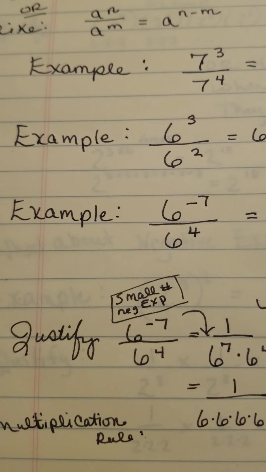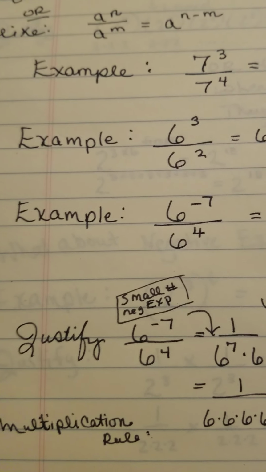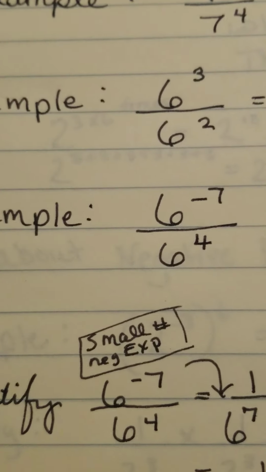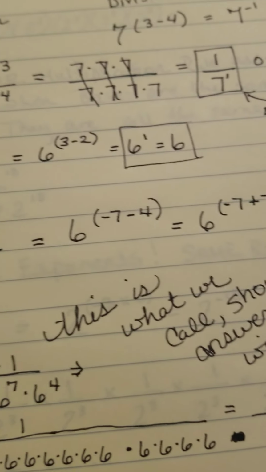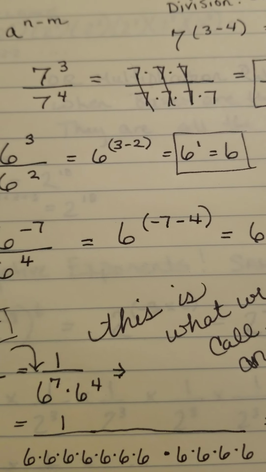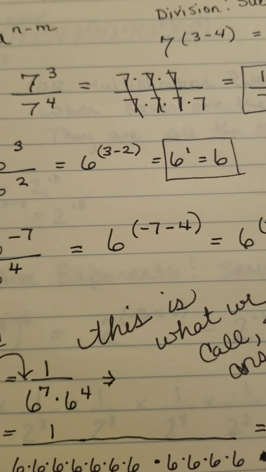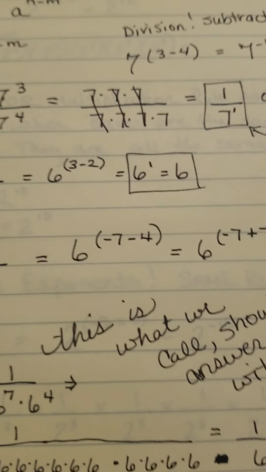6 to the negative 7 divided by 6 to the fourth power. All right, so 6 to the negative 7 minus, that's what that fraction line means, minus 4. So 6 to the negative 7 minus 4. Sometimes we need to add the opposite in order to remember our integer rules.